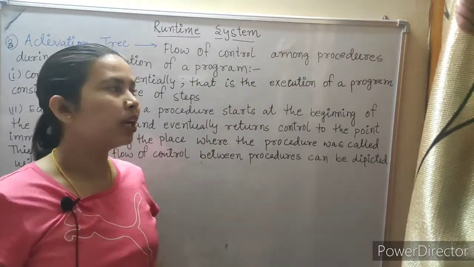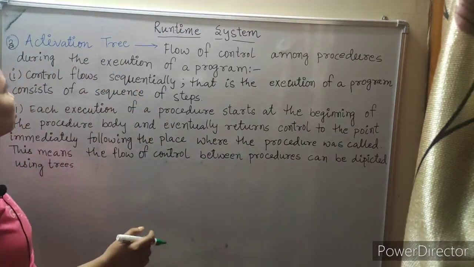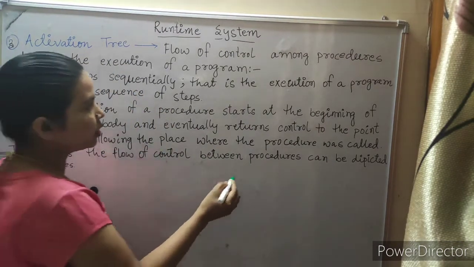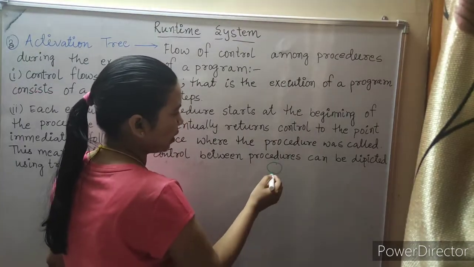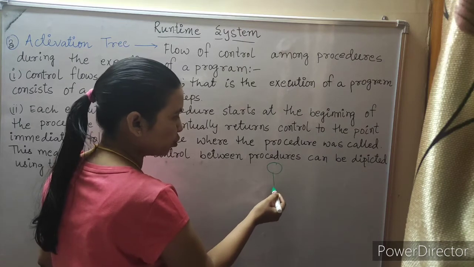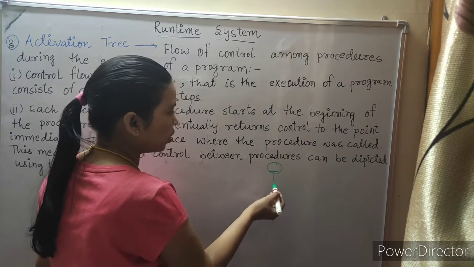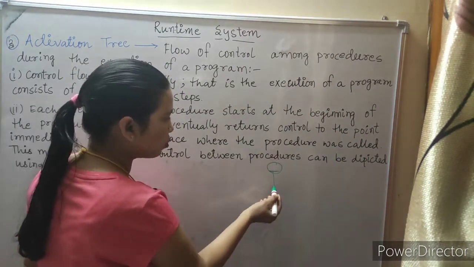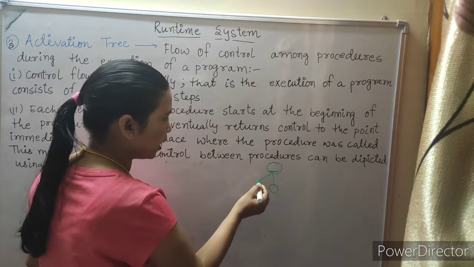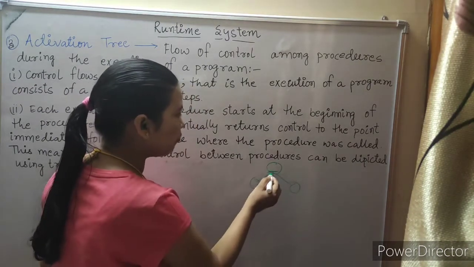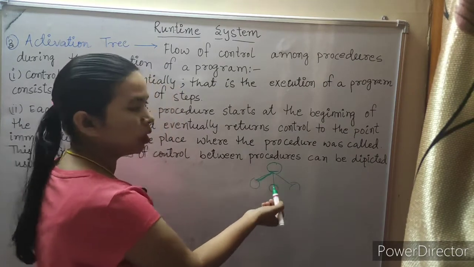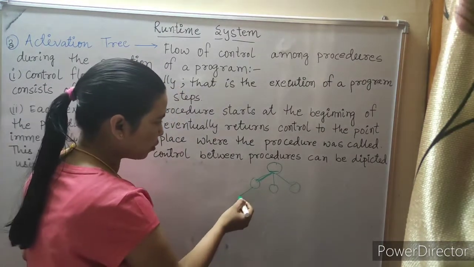Whenever we are constructing an activation tree, one is the main node, that is the root node, and the root node connects to the left, center and right, and every node is connected to the main node, and so on like this.